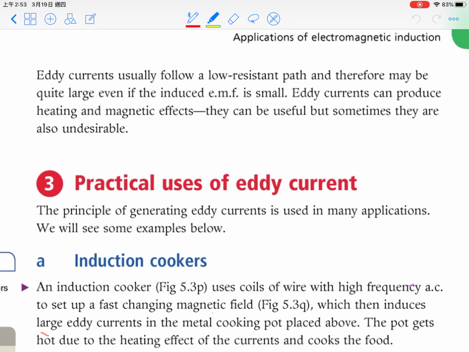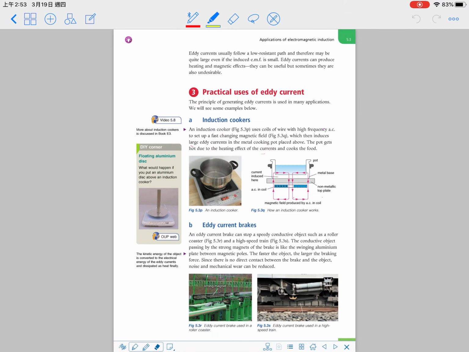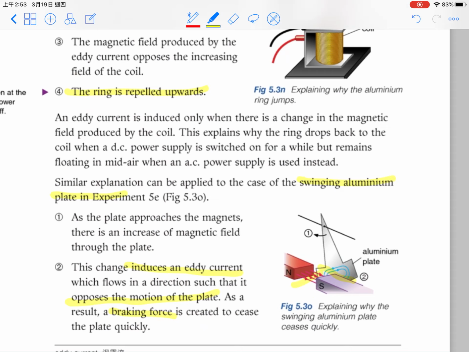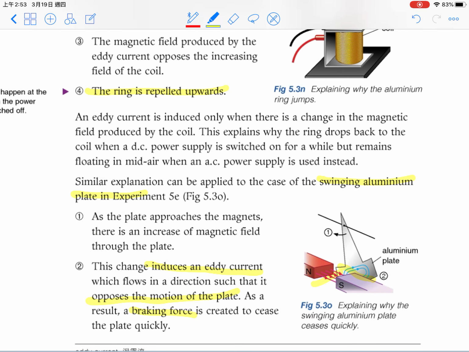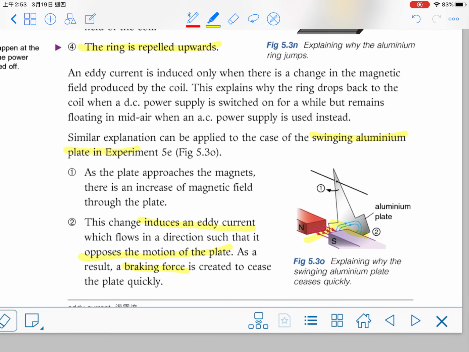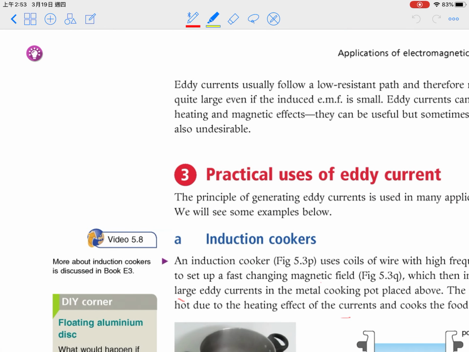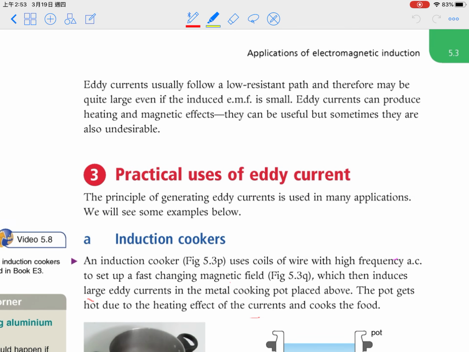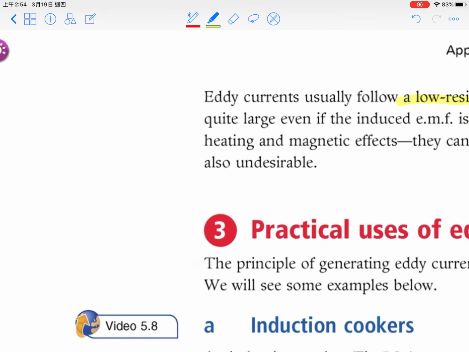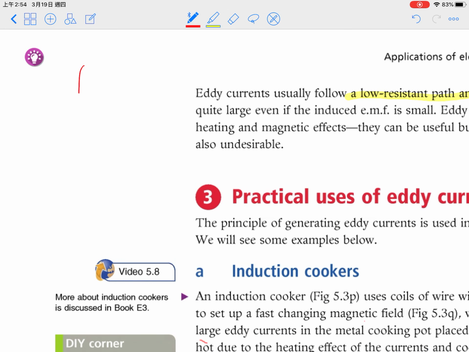However, if we use an aluminum plate with slot, it will be a high resistance path. Maybe we draw like this.